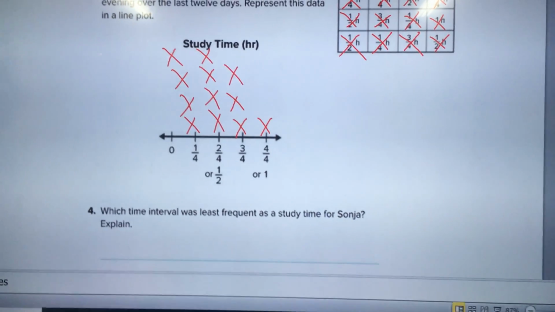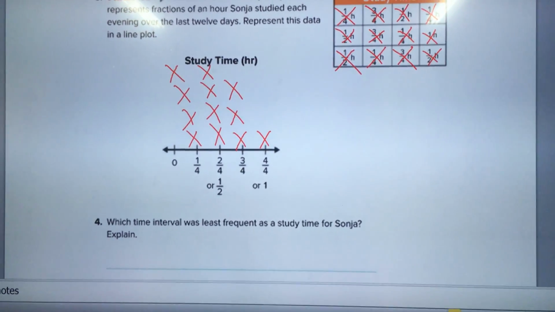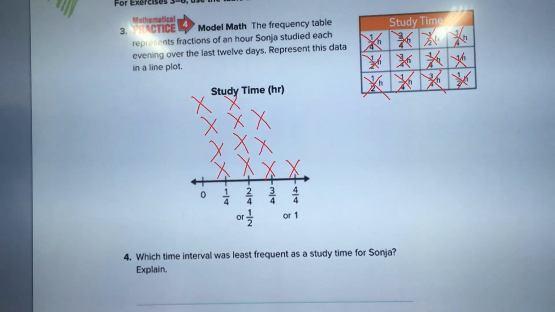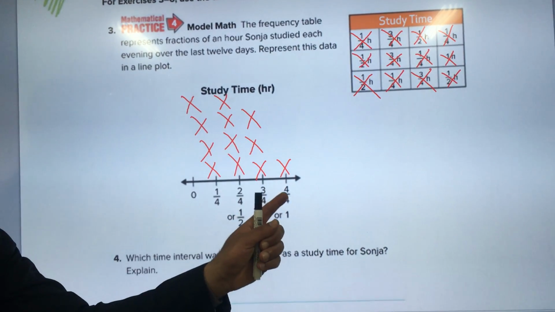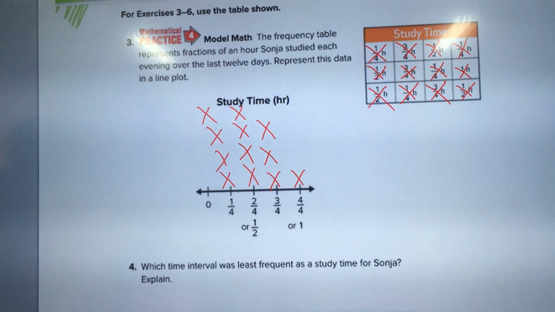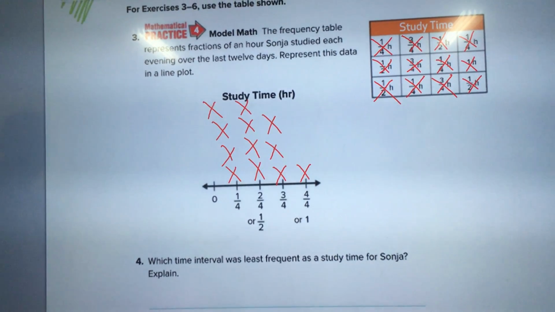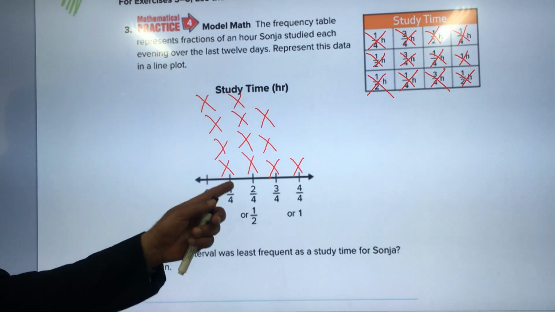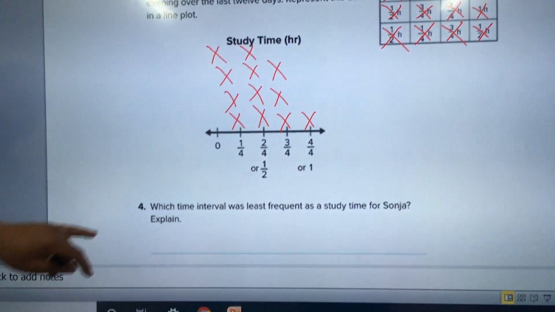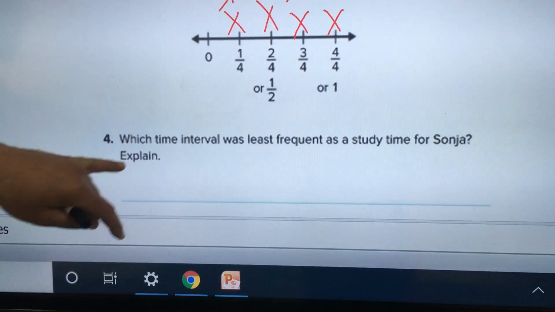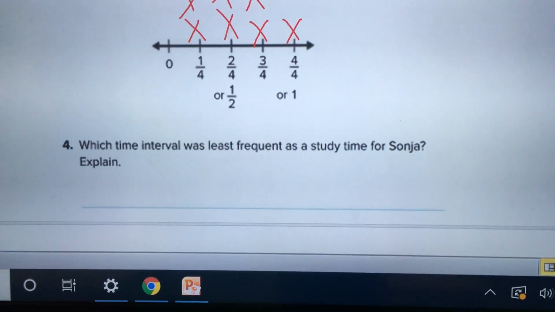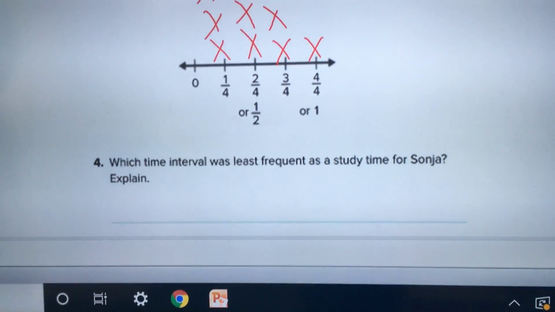Okay, it's already done. I have a question. Which is the least one? Okay, the least one is 1, or 4 out of 4, which are the same number, and 1 out of 4 and 1/2 or 2 out of 4. The question here: which time interval was least frequented as study time for Sunday?